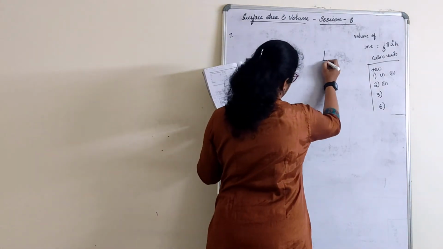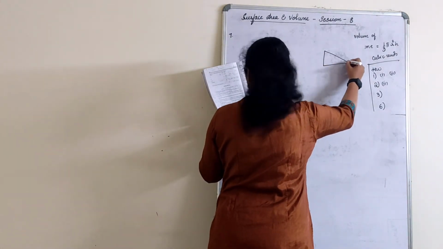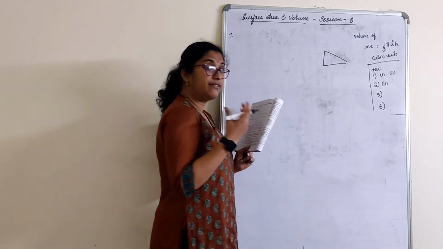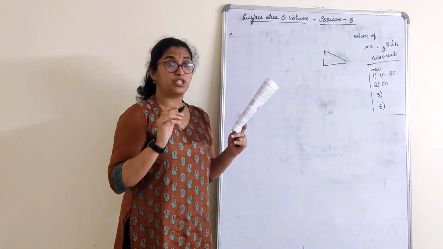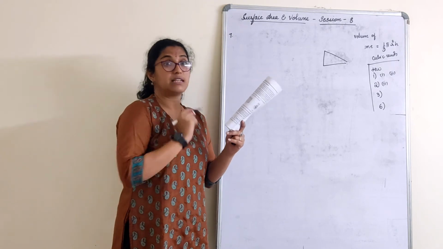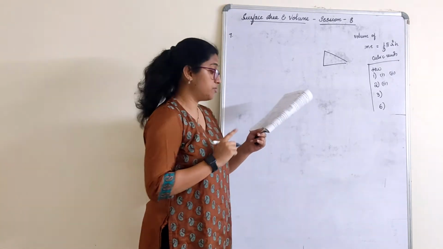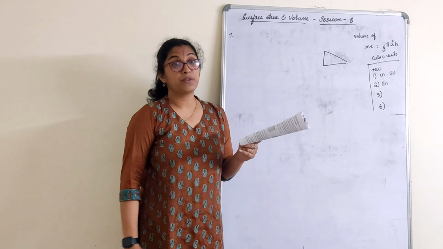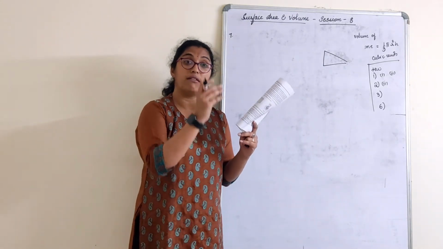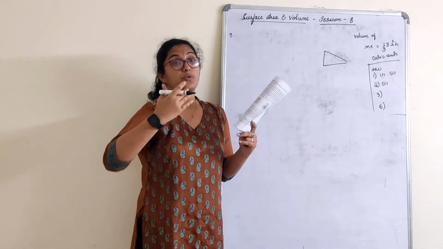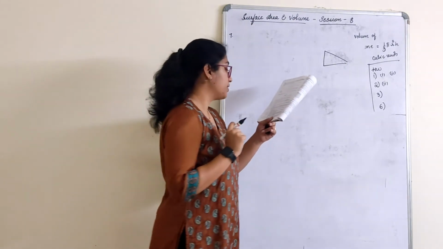For easy calculations and understanding, you should actually have a right angle triangle in your hand, a bigger piece. Mark all the dimensions and do it as it is asked. Only then you will understand this question, because here I will draw the figure. But in an examination, if such a question comes, you should know which way to rotate, turn, and what is height, what is radius.